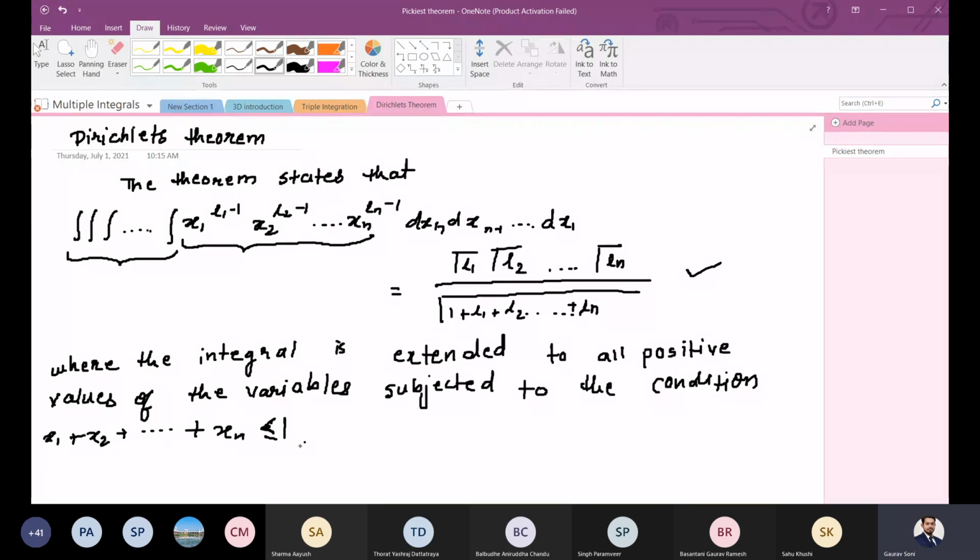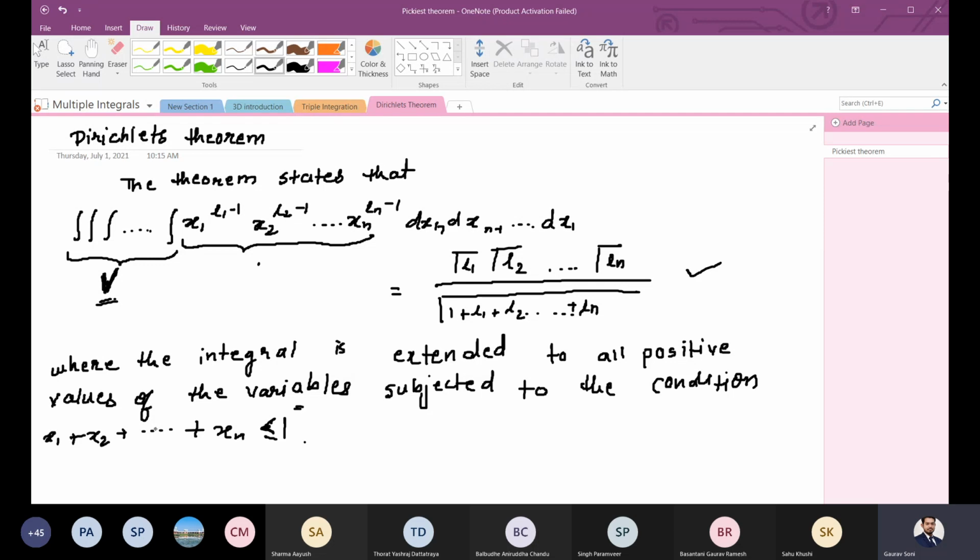So what do we understand? If your integrand is just the product of all the variables, and whatever volume over which you are integrating, say if this integration is over V, then in this V, all the variables are positive. You can see here, where the integral is extended to all the positive values of the variables. And in this V, the addition of all the terms x1, x2 up to xn has to be less than or equal to 1.